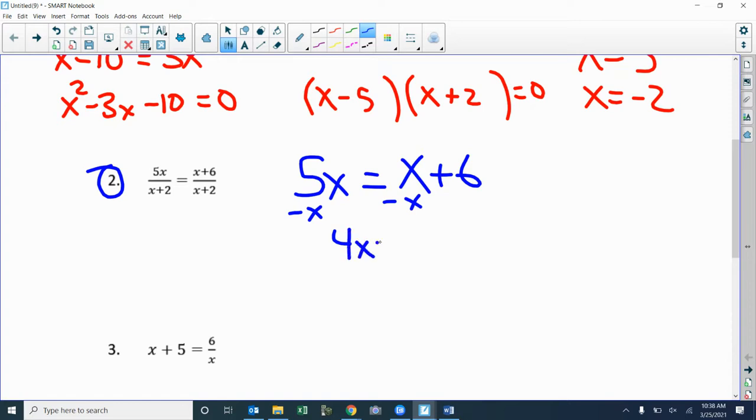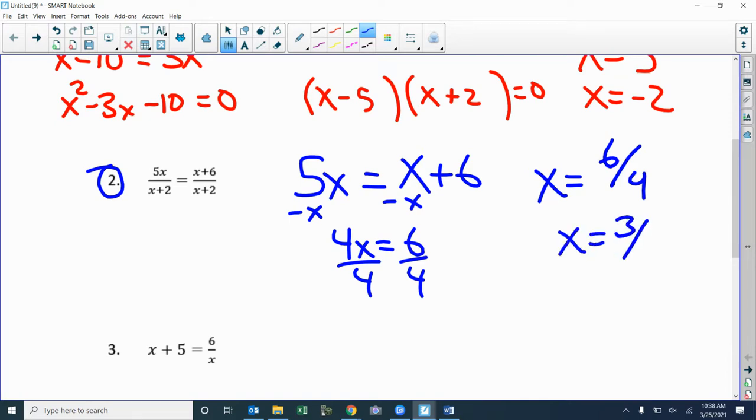I'm going to get 4x equals 6. Divide by 4. I'm left with x equaling 6 over 4, or x equaling 3 over 2. And that doesn't cause any problems there. 3 over 2 works just fine. Everybody okay there?